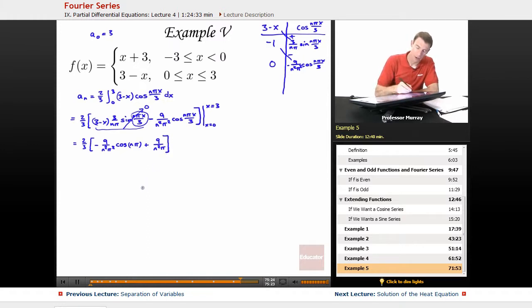So let me close that off. I'm going to factor out the 9 over n squared pi squared, and 2/3 of that would give me 6 over n squared pi squared, times 1 minus cosine of n pi.